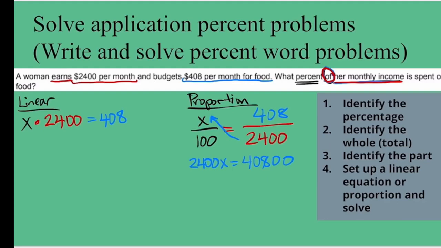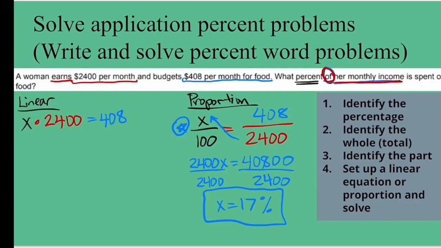So 40,800 divided by 2400 gives us 17. It's a percent because we used a proportion here. Our answer is a percentage. So we are done there.